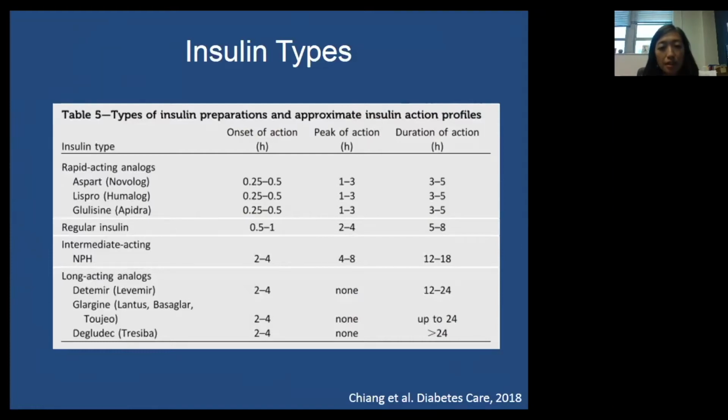And this is just a listing of the main types of insulin we have on hand, the onset of action, the hour at which they peak, and the duration of their action profile, just for your reference. It's available in the Diabetes Care article in 2018, if interested.